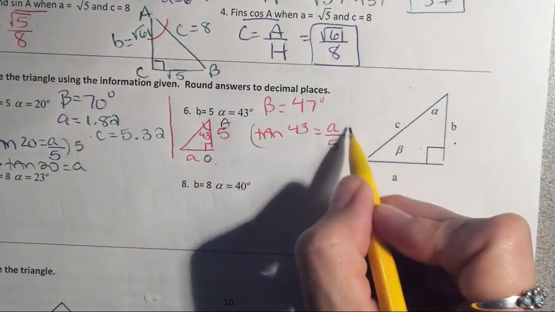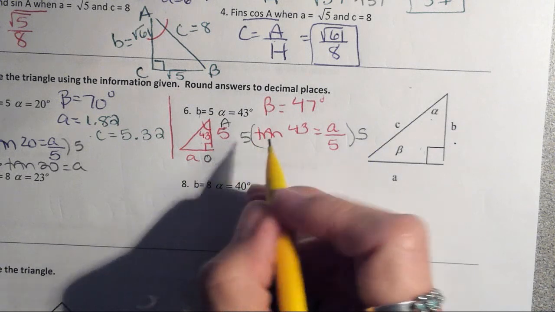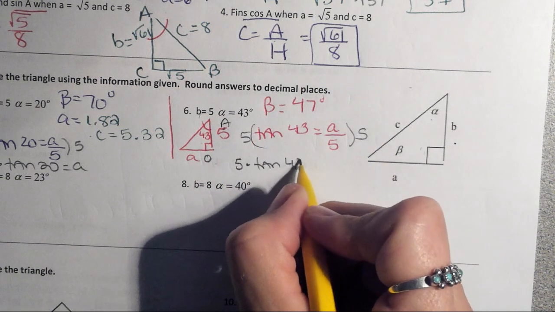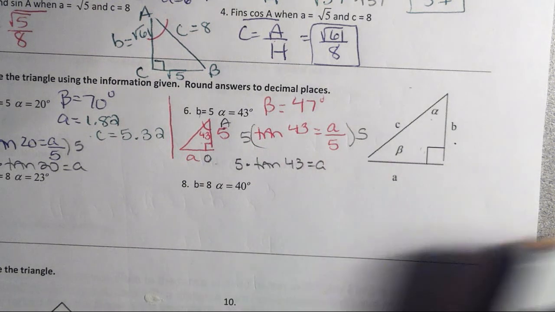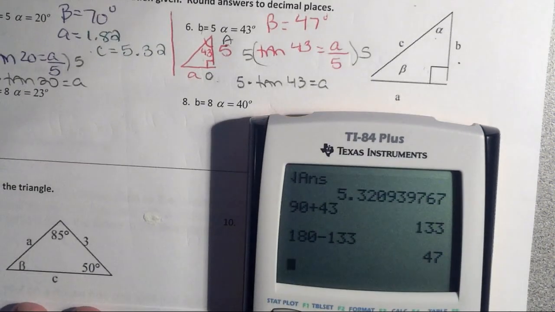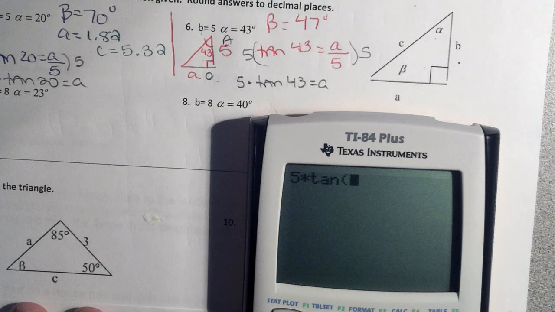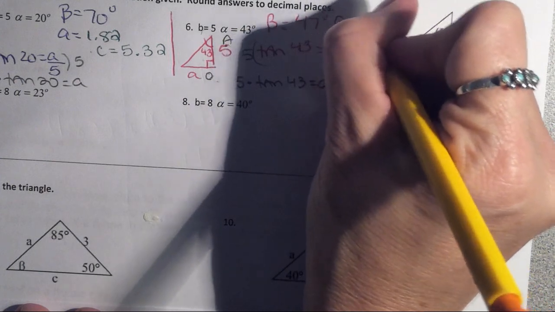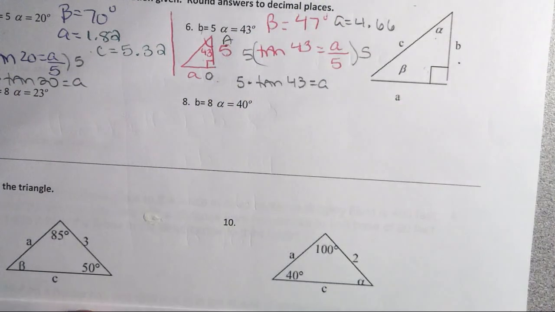I multiply both sides by the denominator. So 5 times tangent of 43 is going to equal A. I go to my calculator again. We do 5 times tangent of 43, and that's 4.66. So A equals 4.66.